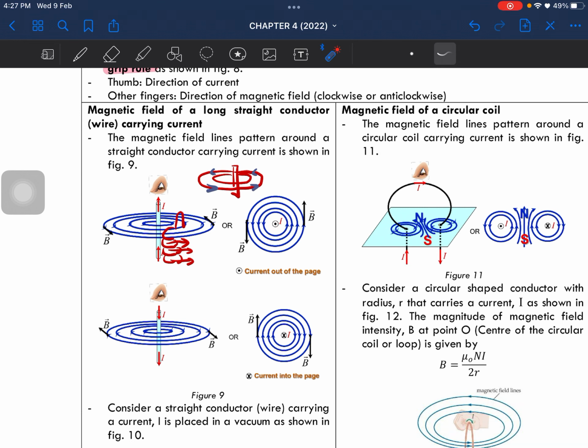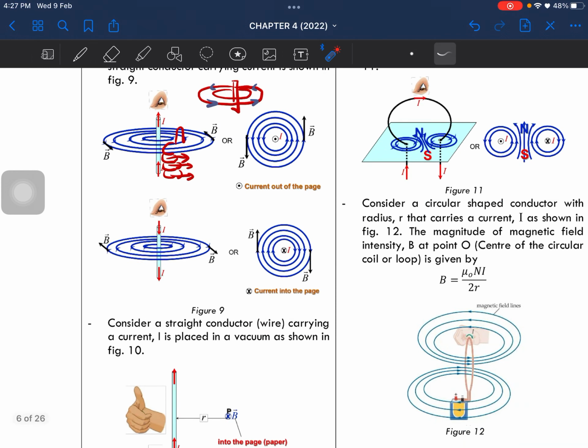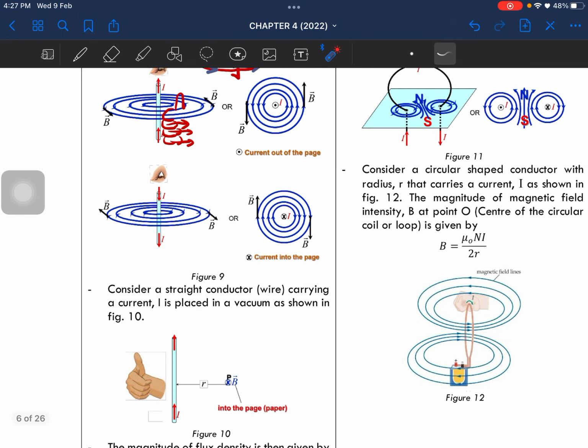Right, so it's the same thing. If you draw it like this, the direction of the fingers is still telling us it's pointing anti-clockwise. The direction is anti-clockwise. Right, so let's look at current into the page, where our thumb is here.